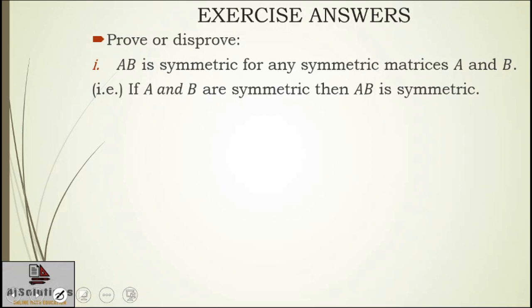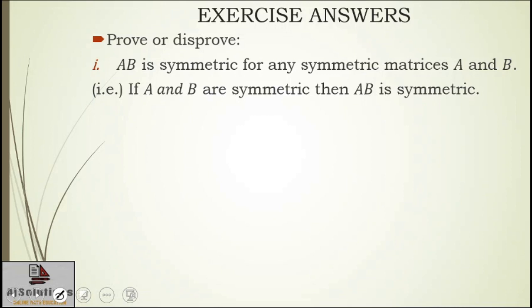So first of all, we have to understand whether the statement is true or false. If you attempt to prove this statement, you will arrive at a point where you need AB, but you are getting BA, but you know AB is not the same as BA, so we can't go further.